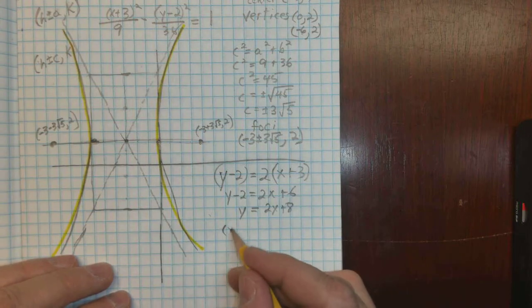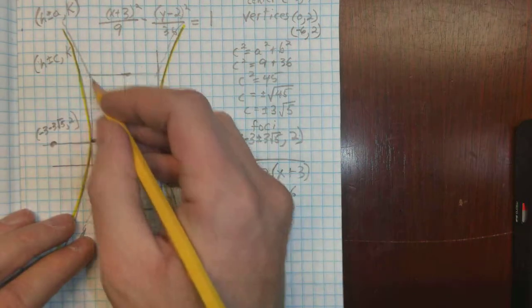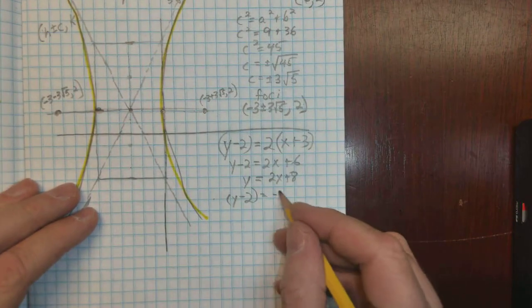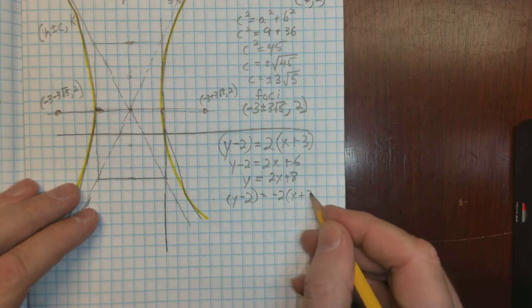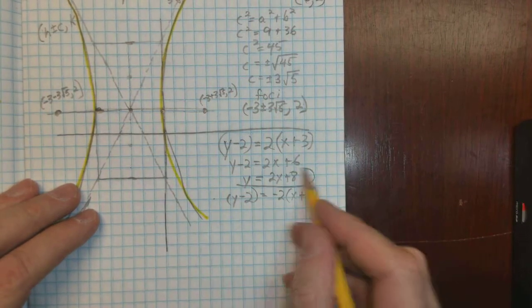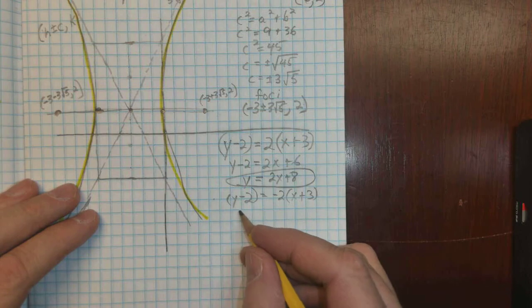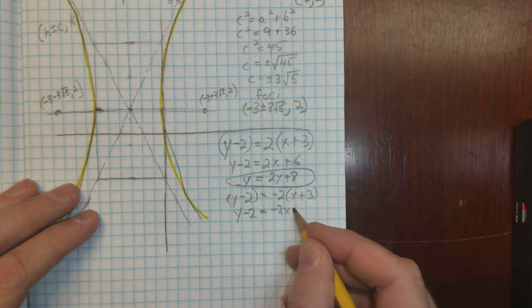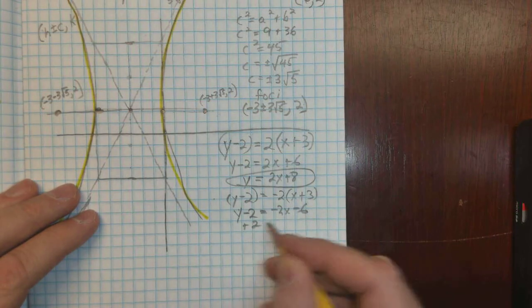And then this is -2, this slope. Y minus 2 equals -2 times x plus 3. I got one asymptote equation here, and y minus 2 equals -2x minus 6. And I add 2.